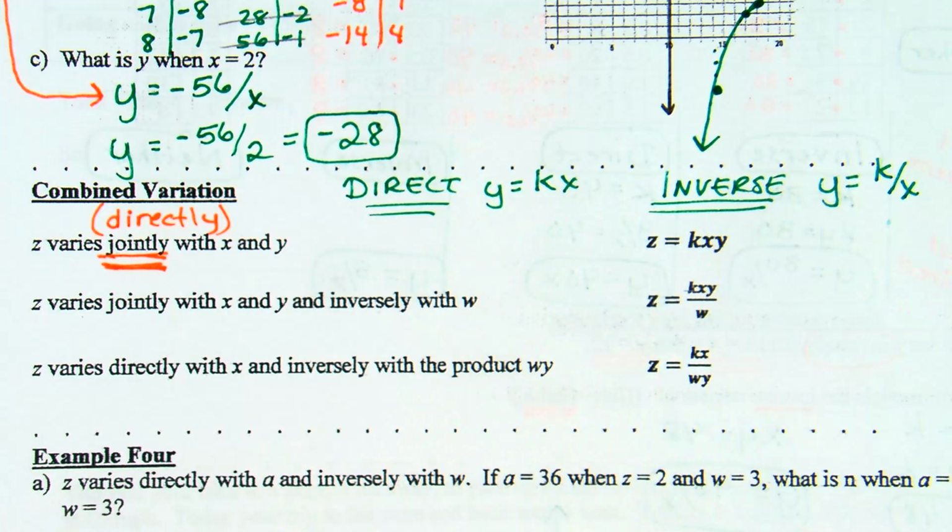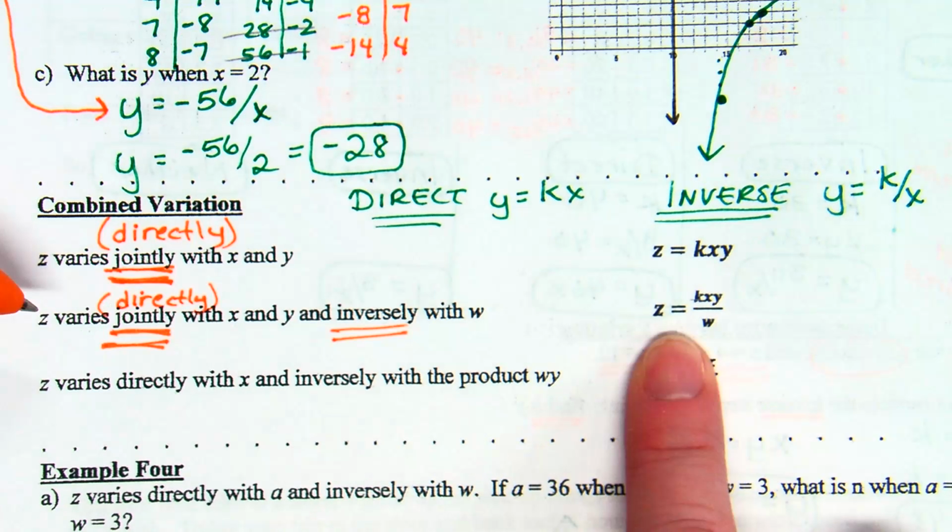A last example: z varies directly with x and inversely with the product of wy. Z varies, so notice what it starts off with: z equals. Directly with x, so what do you notice about directly? K times x.